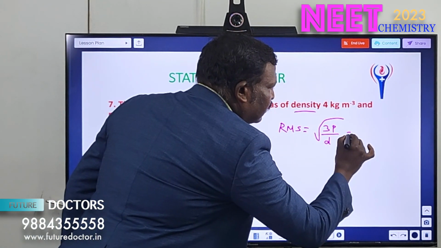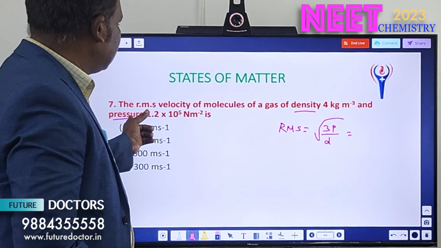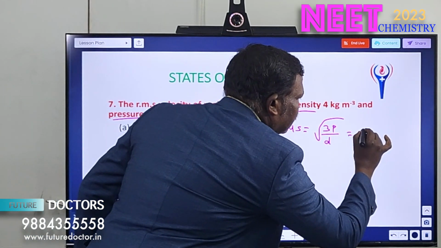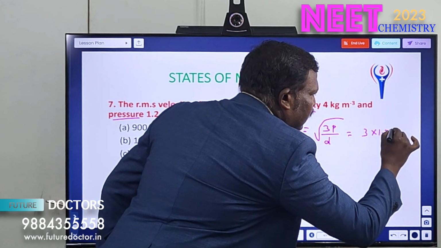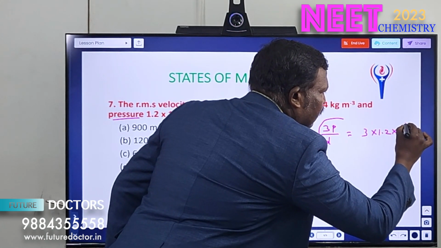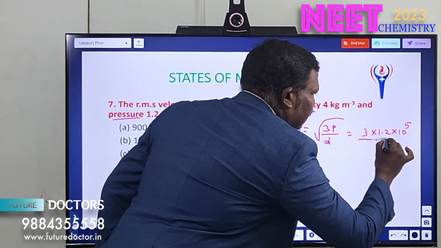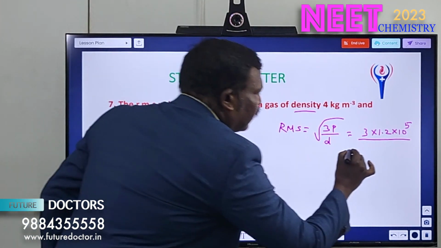Then just substitute. Pressure is 1.2 into 10 power 5. So 3 into 1.2 into 10 power 5, by D, where D is density, by 4.